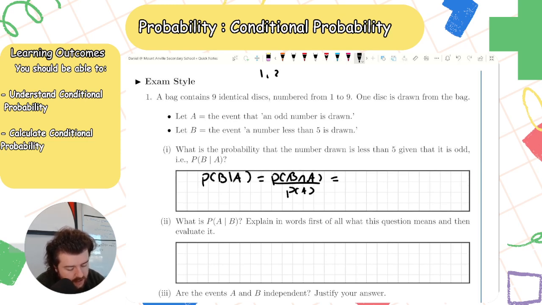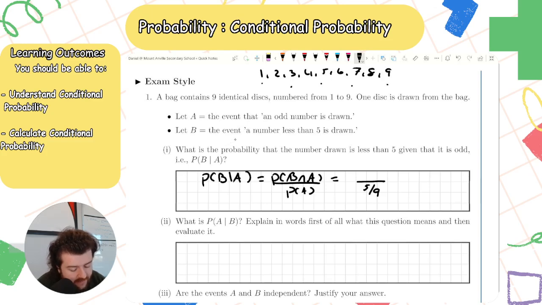So I have 1, 2, 3, 4, 5, 6, 7, 8, 9. So this is 1 to 9. A is the event an odd number is drawn. I have 1, 2, 3, 4, 5. So probability A is 5/9.